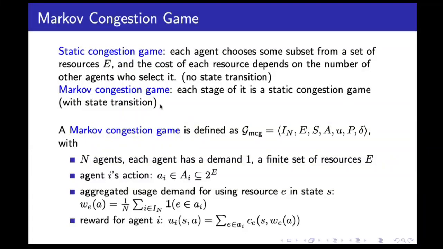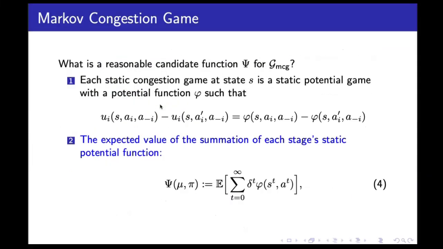And the reward from each resource also depends on the current state. That is the difference from the static potential game we just mentioned. So to analyze this game theoretically, what is a reasonable choice for the alpha potential function?